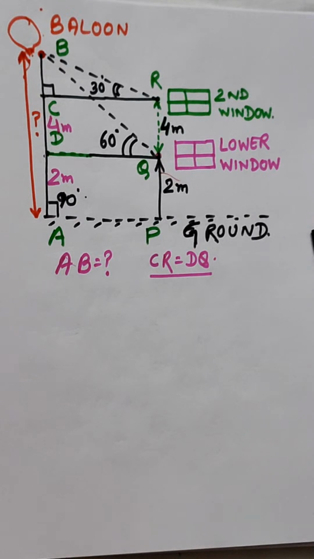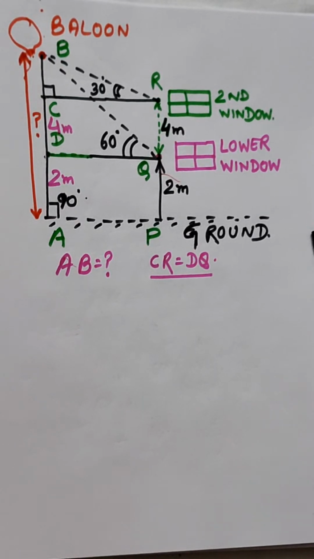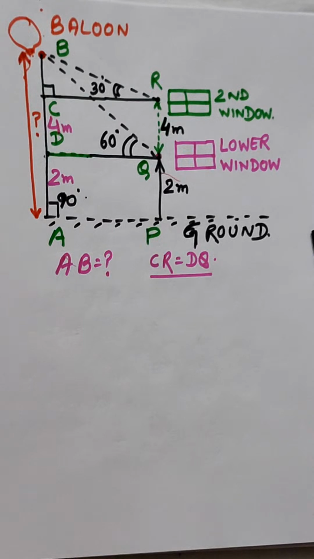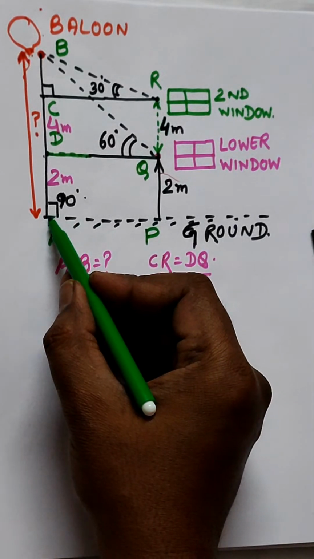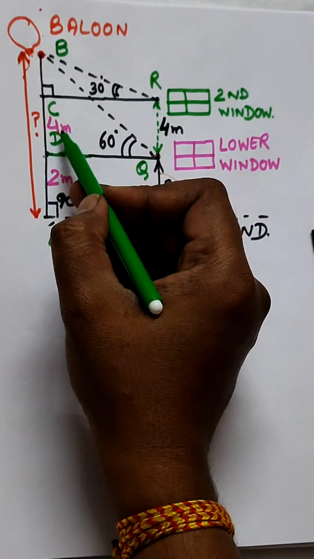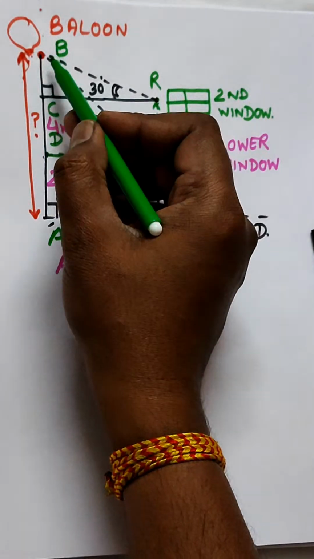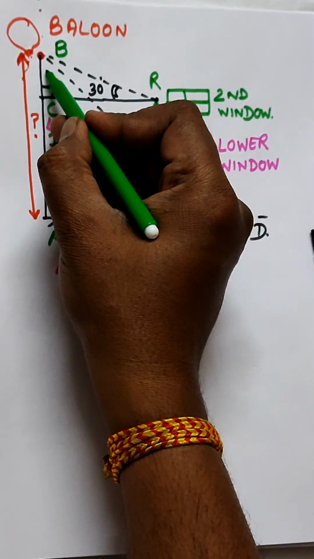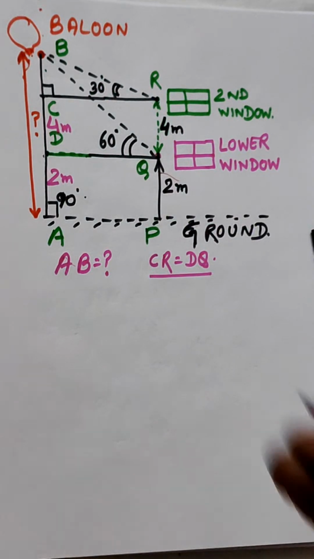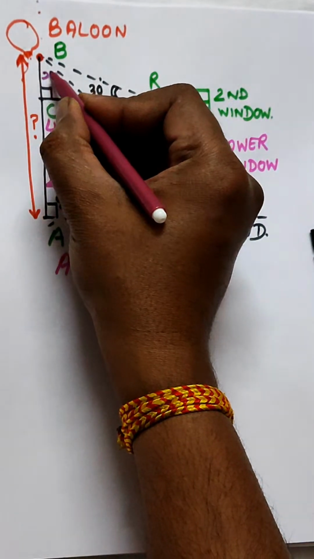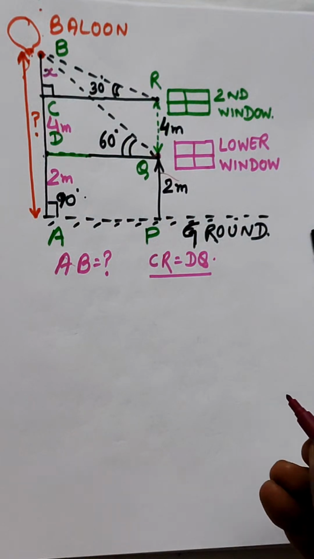So 2 is known to you, 4 is known to you, you need to calculate B to C. So let's say this is x. I will be using a different color. Let's say this is x, right?